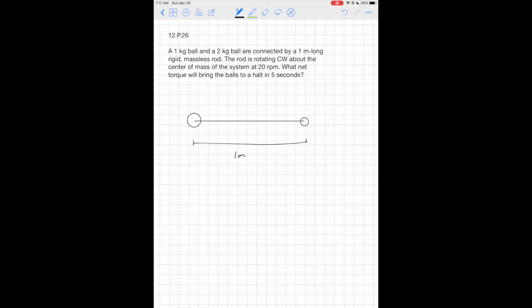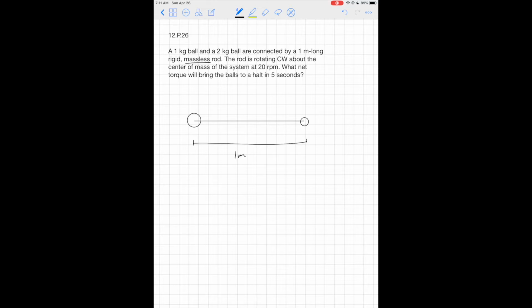If we were talking about rotating through the center of mass of the rod, now there are a few key things that make this a little silly to say, but it would be in the middle here at 0.5 meters. The thing that makes it silly is the fact that the rod is massless, so it's not actually going to be through the center of mass of the rod.